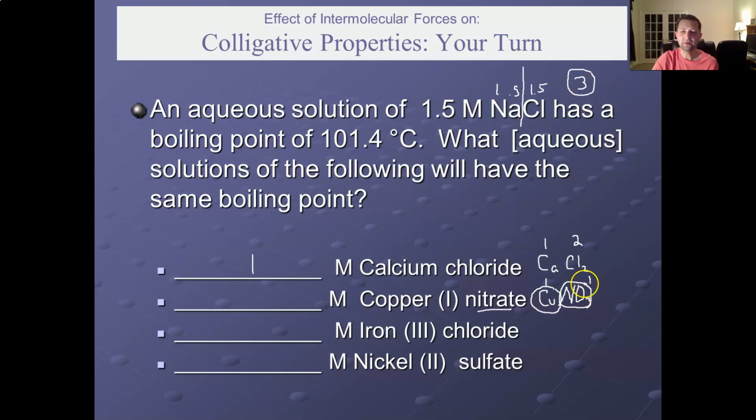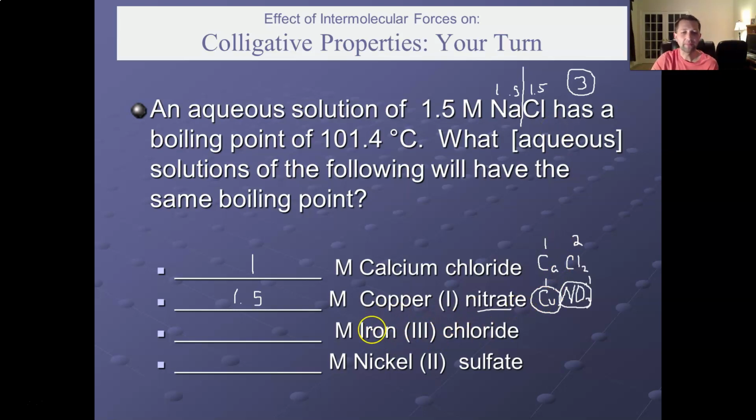What do I need to multiply 2 by to get 3 total dissolved particles? I need a 1.5 molar solution. Notice this is the exact same scenario as NaCl. Your positive and negative ion is just 1 dissolved particle each, so you need a 1.5 molar solution to get 3 moles of dissolved particles.